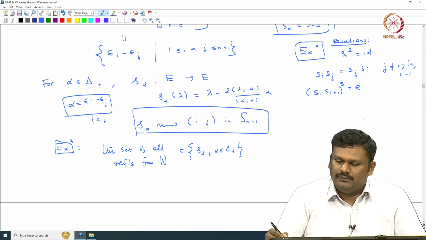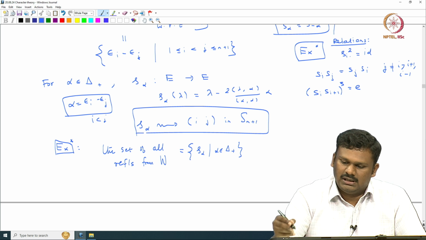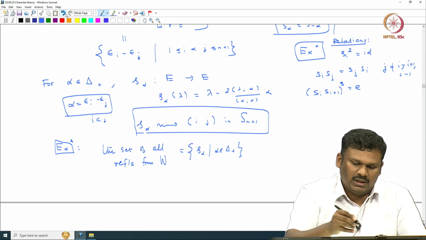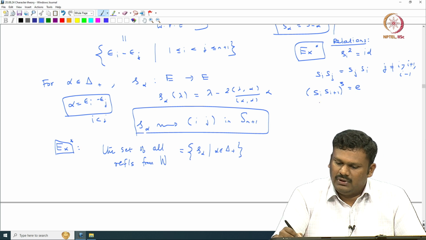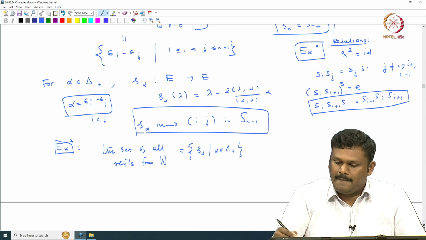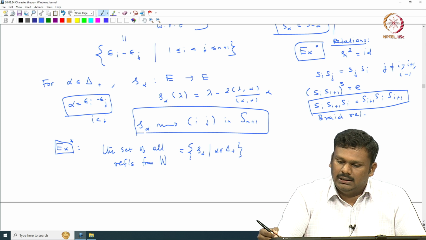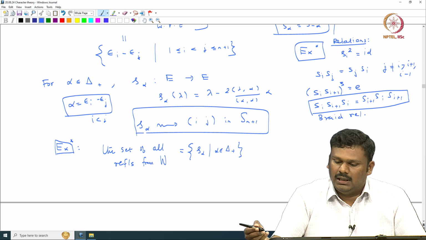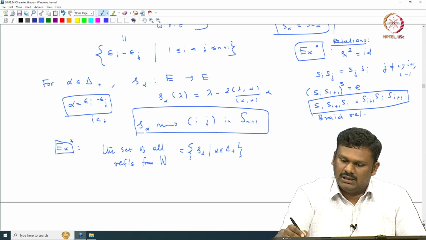Now, using this s_i squared being identity, you can rewrite this. If you rewrite this, this is exactly s_i s_(i+1) s_i equal to s_(i+1) s_i s_(i+1). This is what is called the braid relation, and W is indeed isomorphic to the group generated by s_i modulo these relations.